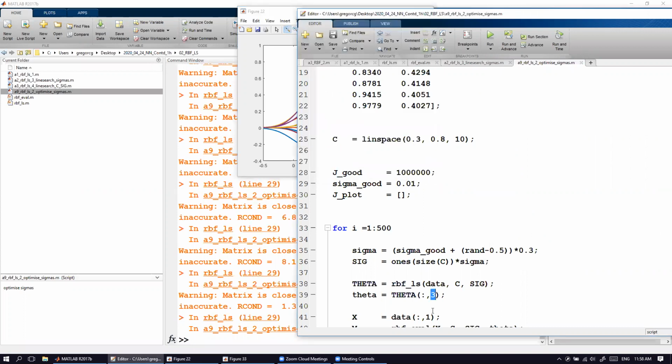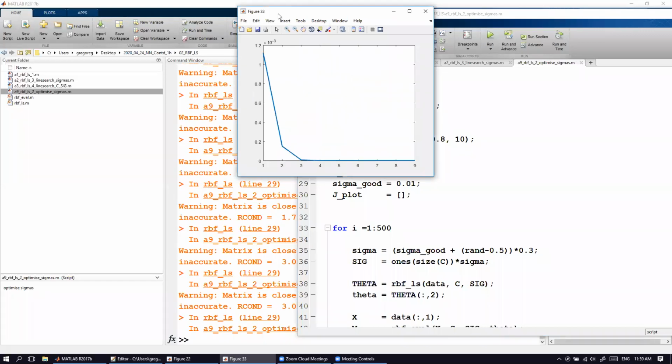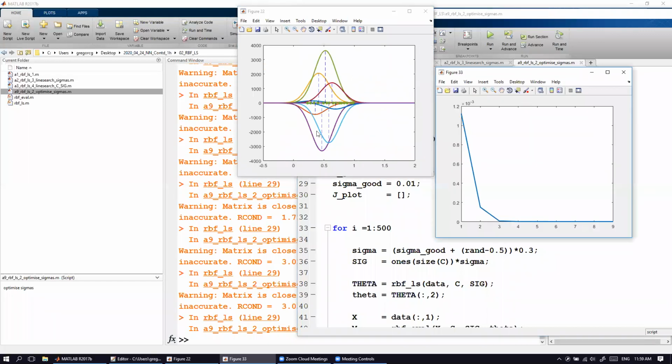If we used the ordinary least squares, the weights would actually go crazy, into crazy numbers. So the moral of the story is that regularization is of extreme importance, and it is up to the people who are modeling to take care of the regularization.